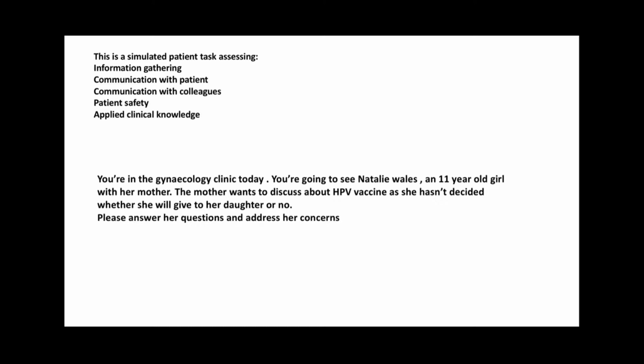It is part of the NHS immunization program, but they can't give the vaccine to the girl or the boy without parent consent. That's why some parents who don't know about the pros and cons of the vaccine may be reluctant to sign the consent form, or they may come and discuss this issue.